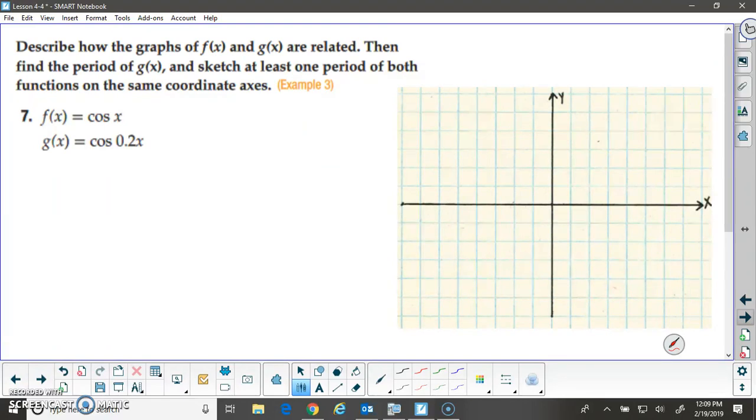Next one, we have to draw a cosine of 0.2x. So the period here would be 2 pi divided by 0.2, which would simplify into 10 pi. So keeping that in mind, vertical scale we can keep as 1. So I'm going to make that 2 pi.